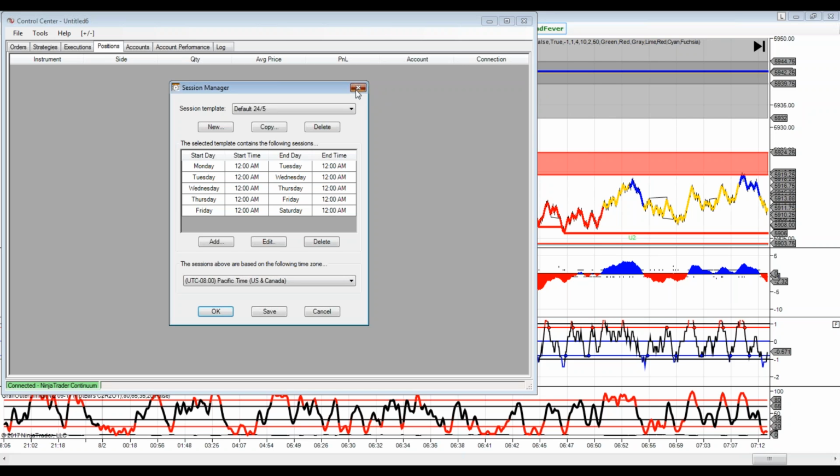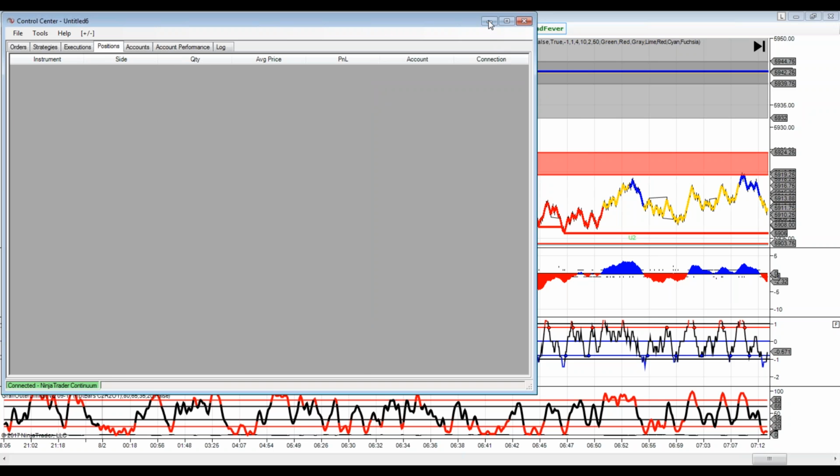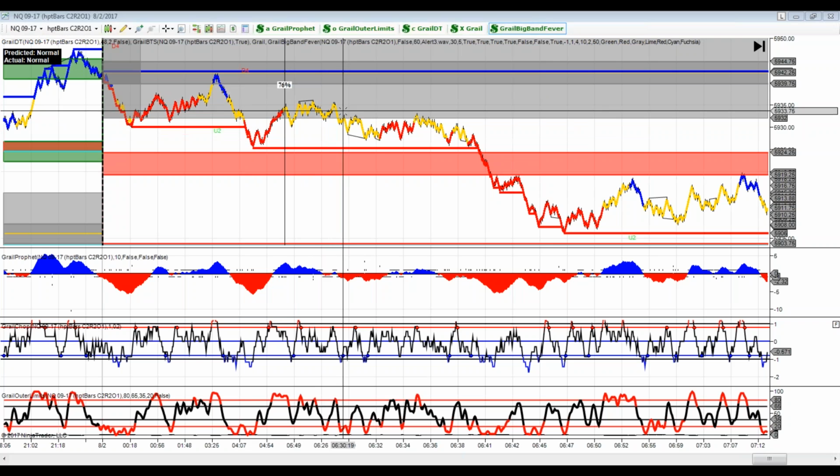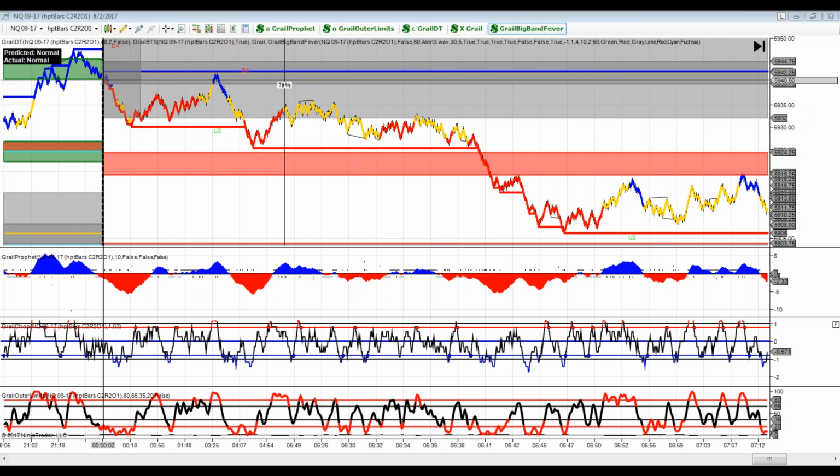All right, so once that's done and you put the indicator on the chart, and again, you need 12 days of data. When you put the indicator on the chart, this was about 2 seconds after midnight my time, about 2 seconds after 3 a.m. Eastern.